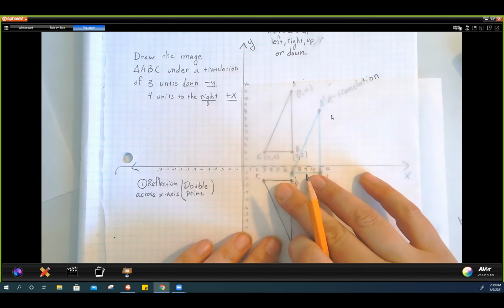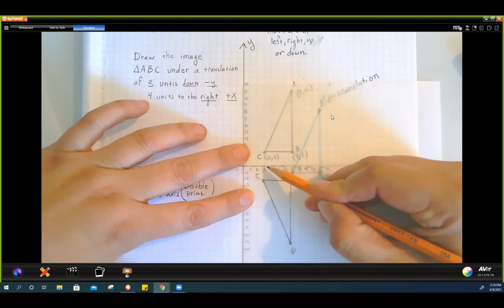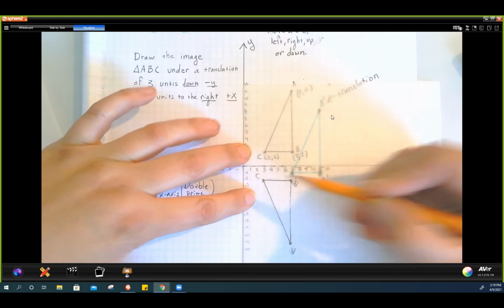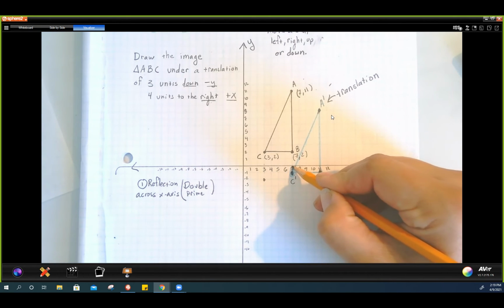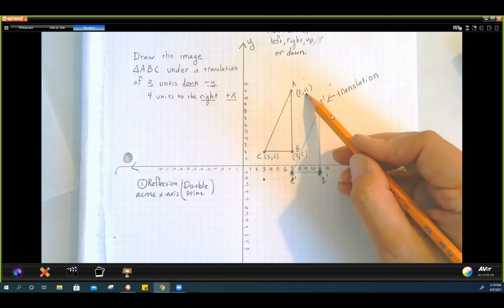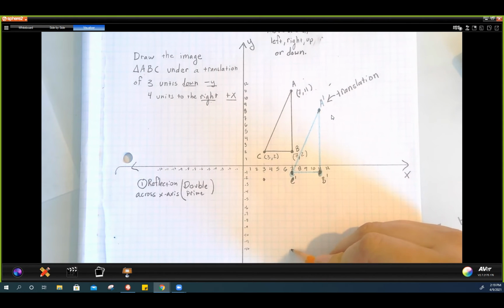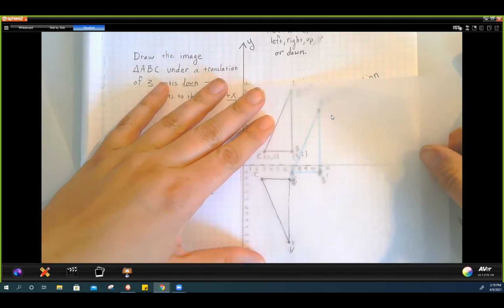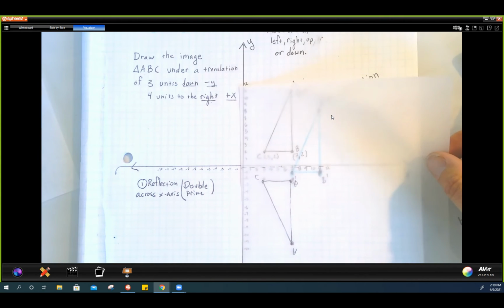And you're able to use that paper to help you with this, or you can also recognize that from this point, this was up 2, so this one's going to be down 2. This one was up 2, so this one will be down 2. And then this one was from the x-axis up 11, so will this one. And you can see that my dots all match. And now you can connect those, and that's your reflection.